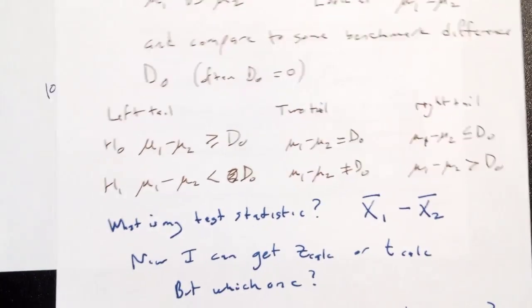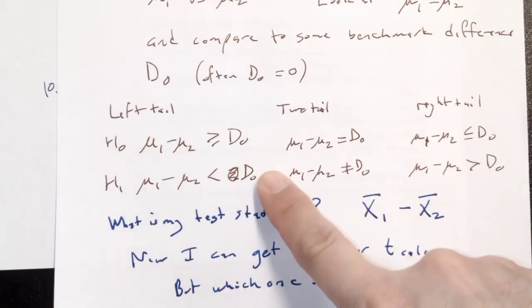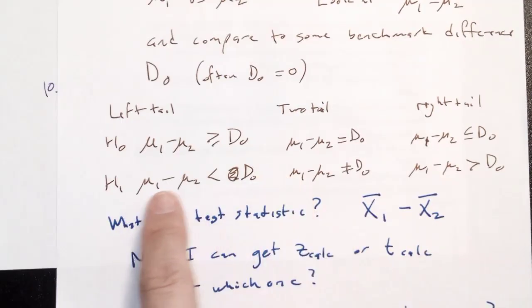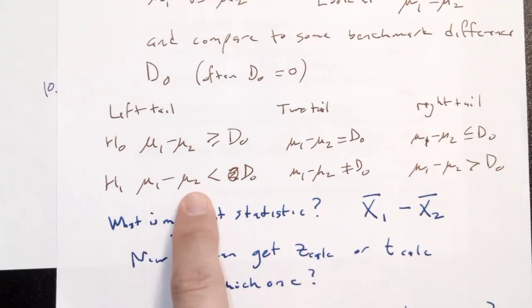If I'm doing a left tail test, that's what my null and alternate look like. I want to know the alternate is that it went down.